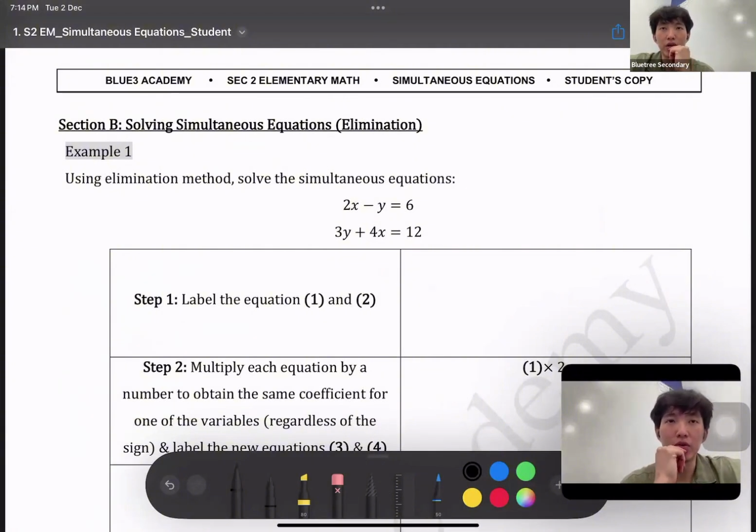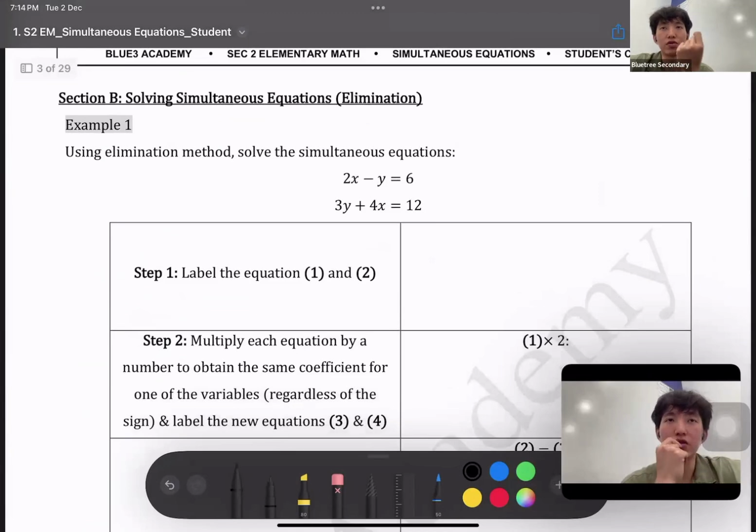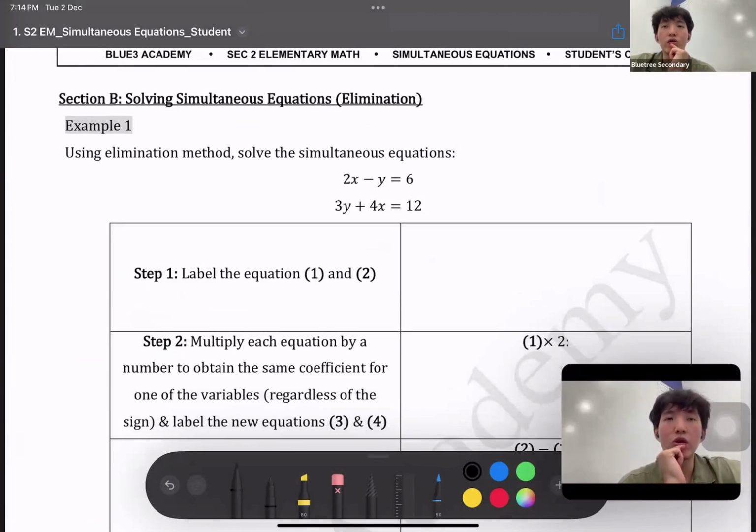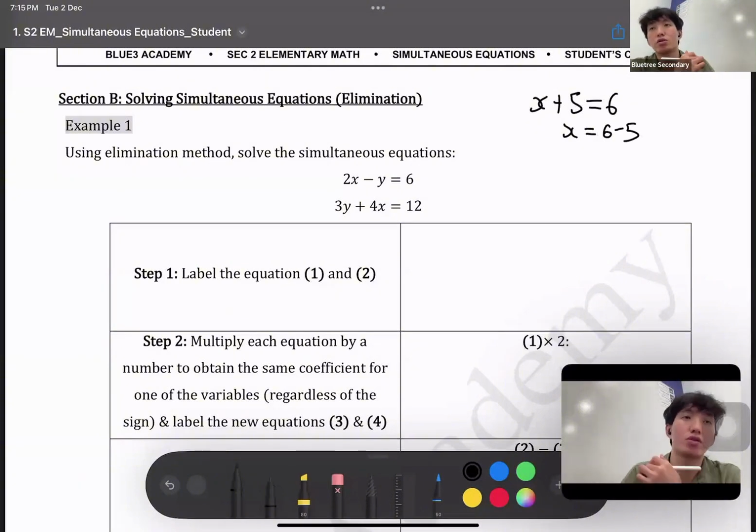So let's look at example one. Using the elimination method, solve the simultaneous equations. What you will have learned last time is that you can solve an equation like x plus 5 equals 6. What can you do? x will be 6 minus 5, because you can just minus 5 on both sides.